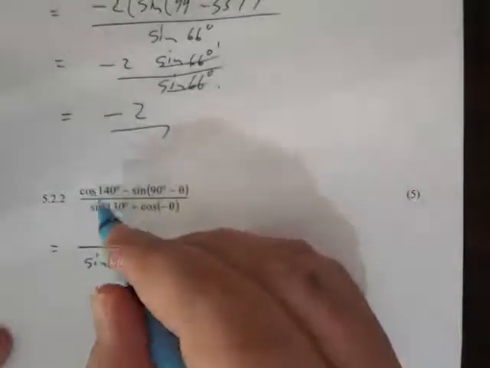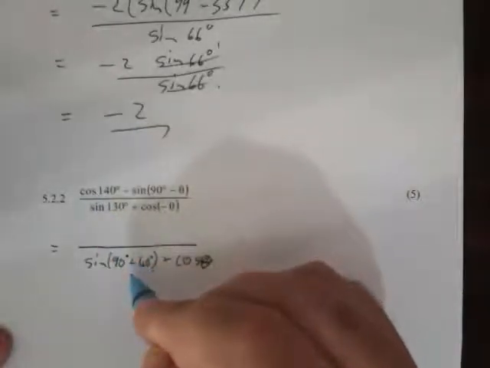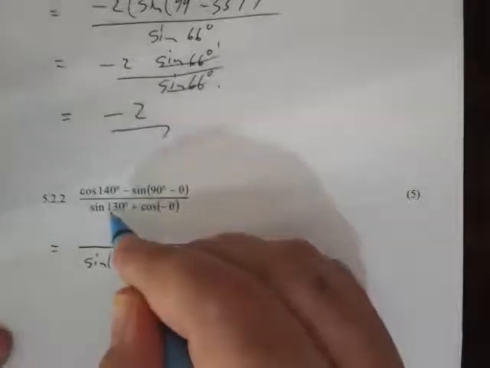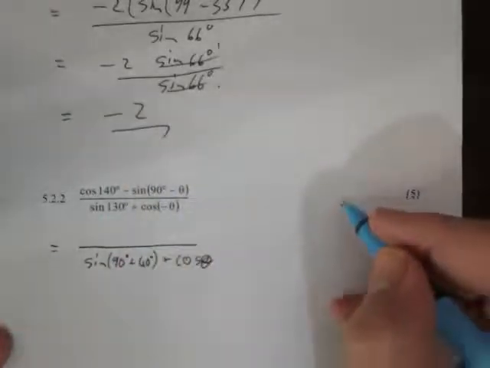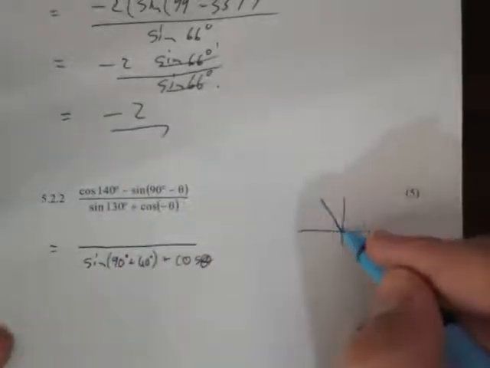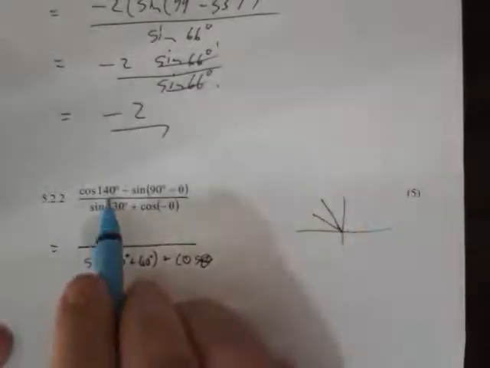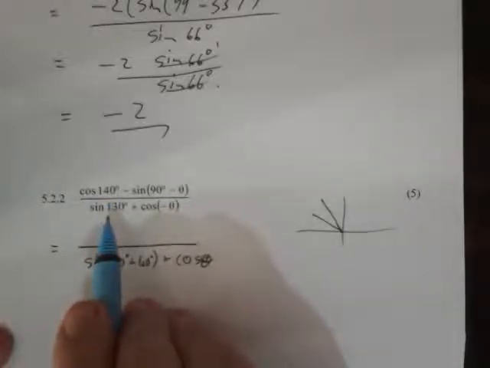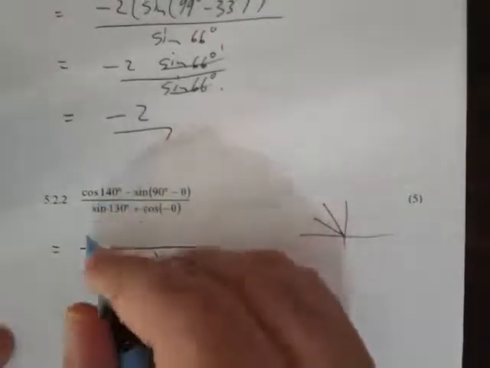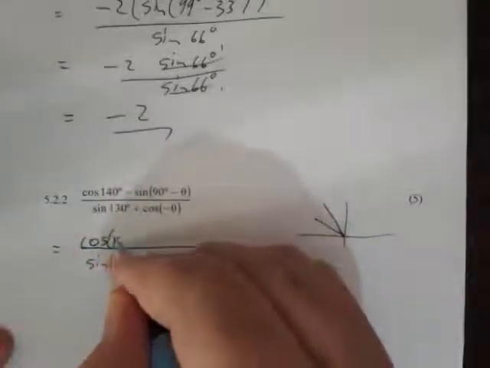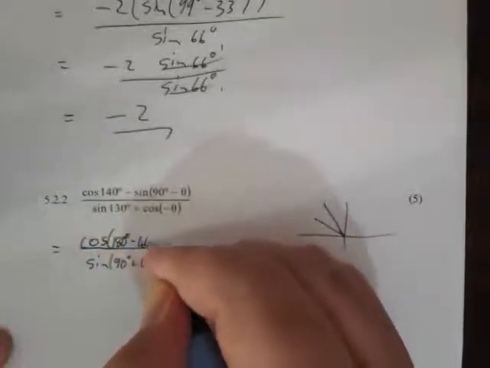Okay. Now, the reason I'll change this one is in the second quadrant where this lies, the 130 and the 140, sin is positive. So this one, we don't want to mess too much. So cos of 140 we can write as cos of 180 degrees minus our 40 degrees.